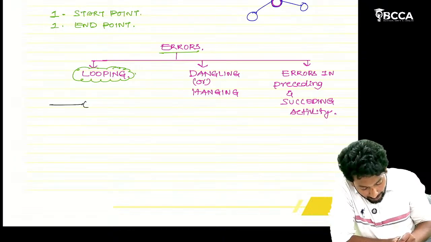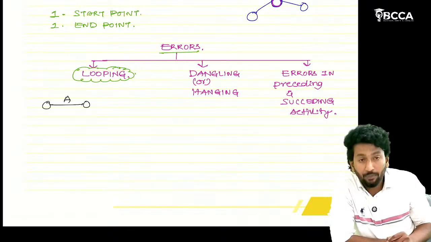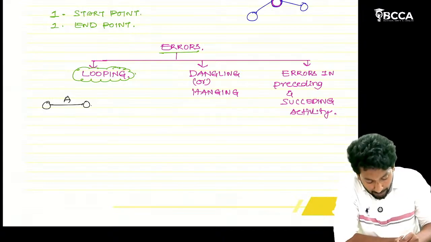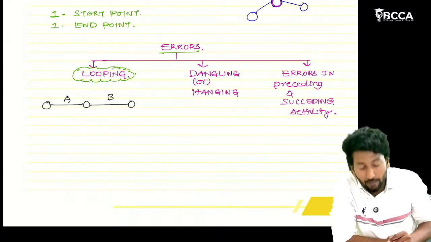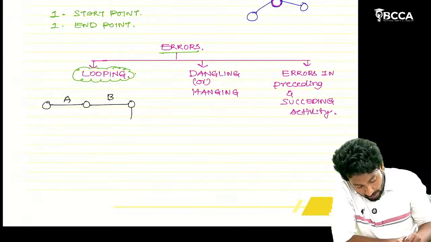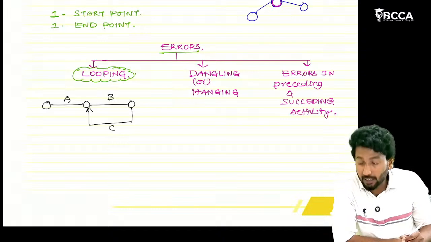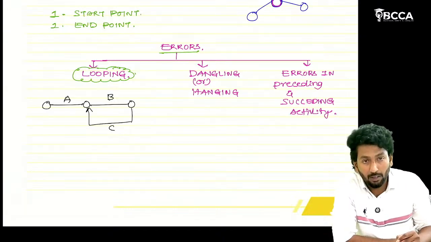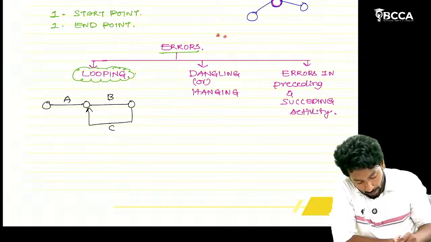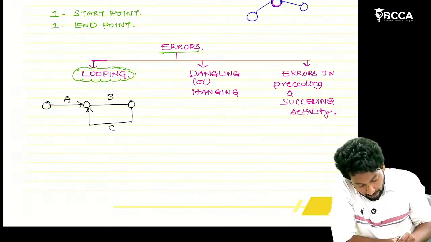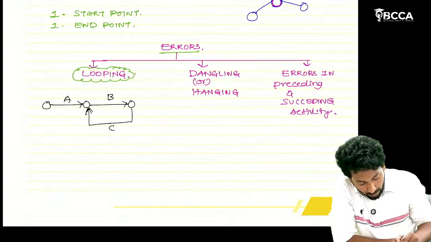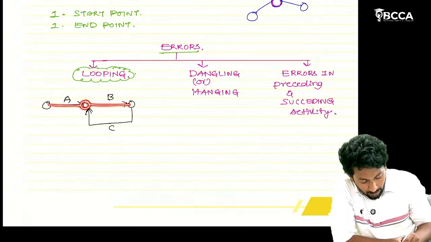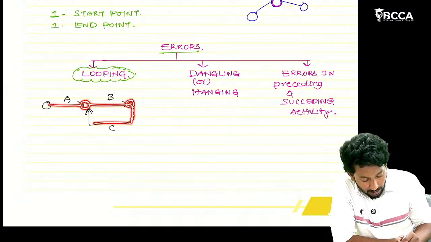Let's say, for example, an activity A is there. After activity A ends, B can start. After activity B ends, C can start. If activity C is connected to A's starting point, then what will happen? After A ends, B starts, B ends, C starts, and then A starts again.